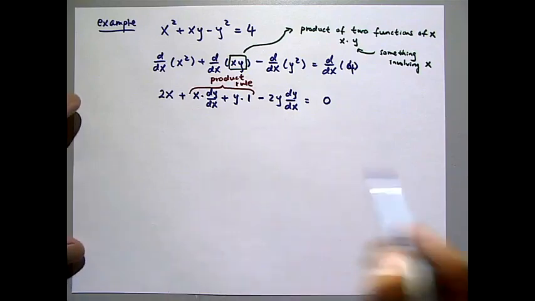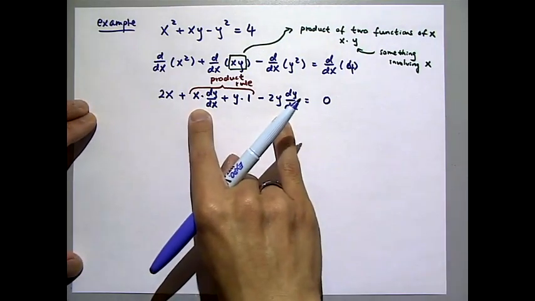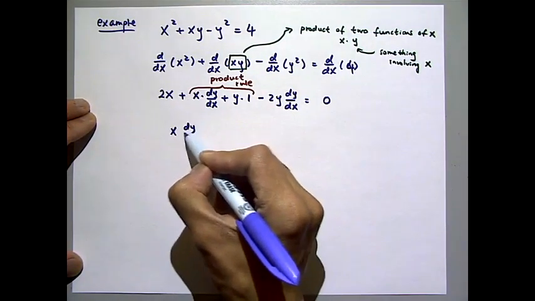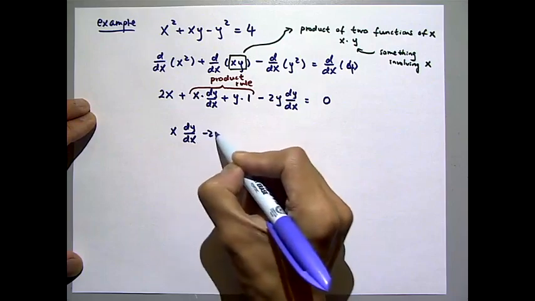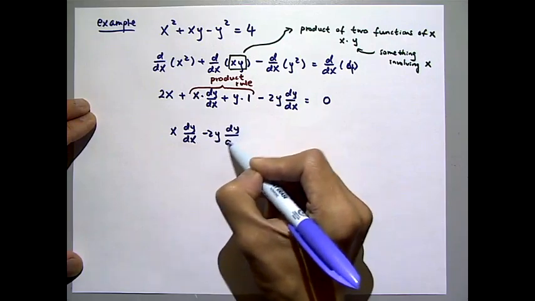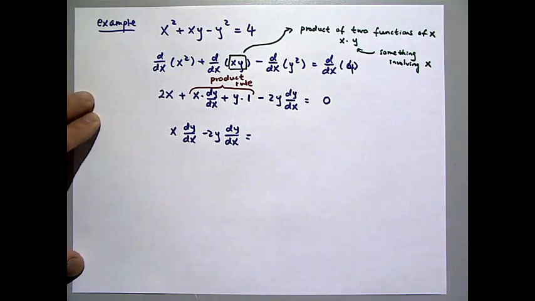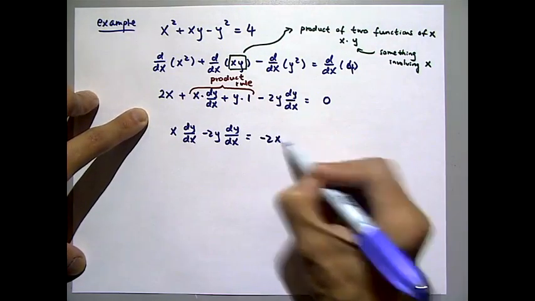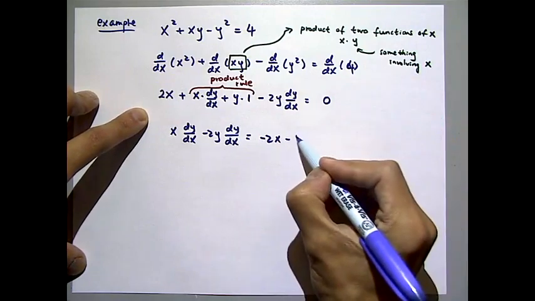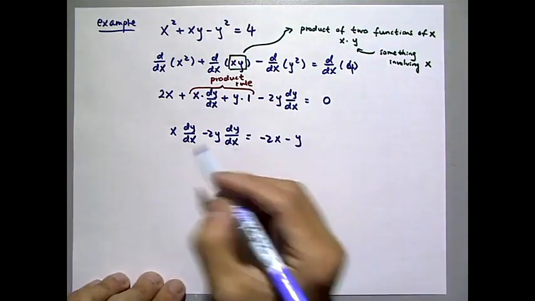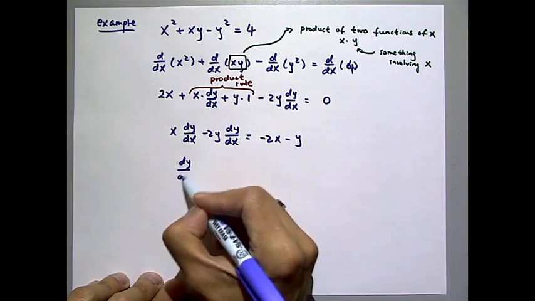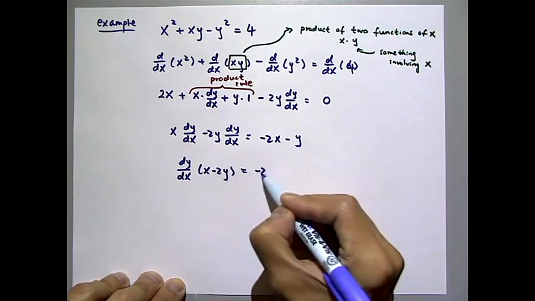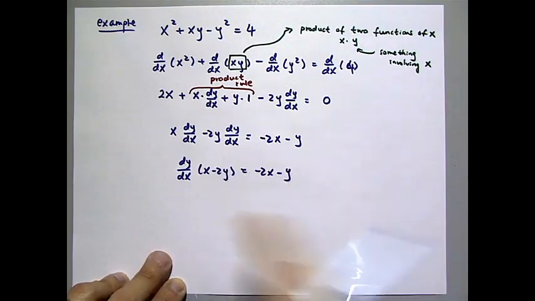Now let's solve for that. Let's see, we've got these two things involving dy/dx. Let's keep them on the left side. Everything else without dy/dx I'll put on the right. So minus 2x minus y. Let's factor out dy/dx on the left. And then divide that.